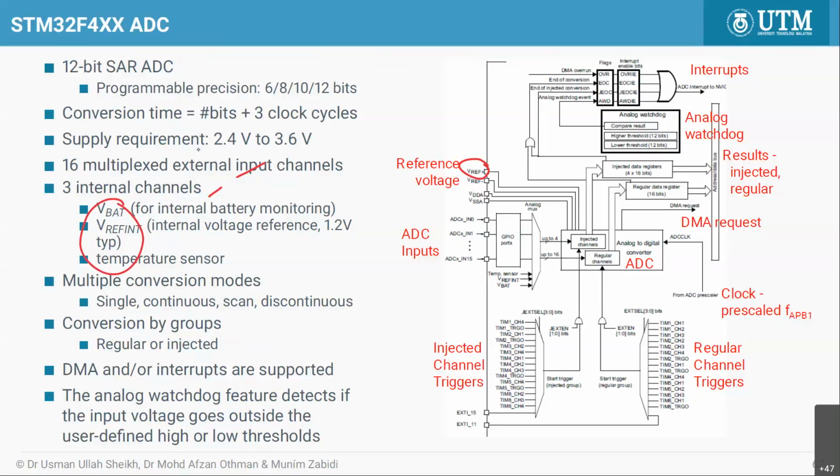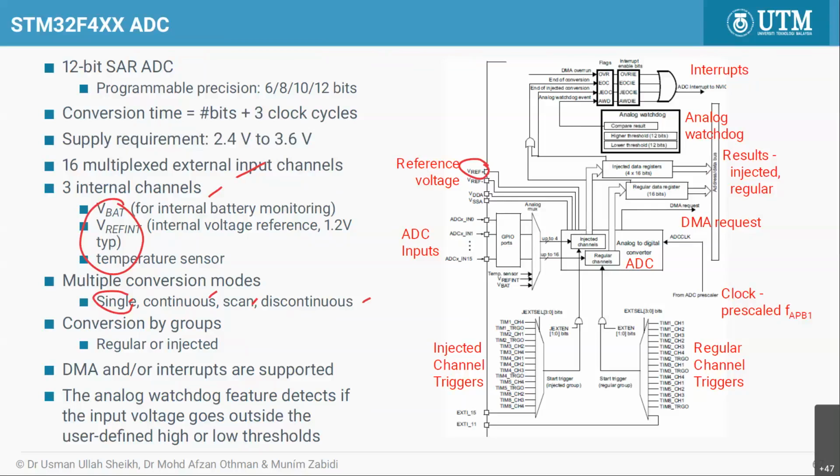And the ARM is quite complex. You can have serial conversion, continuous conversion, scan, discontinuous. So we will just show an example for single. The others are quite complex. The computation is really, really complicated to understand also. And then you can also do conversion by groups.